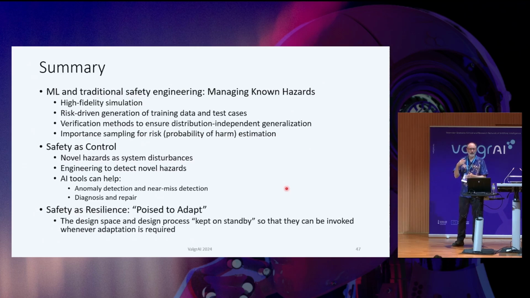But then I think we need to adopt these risk-driven generation of the training data and the test cases. And we need to develop some way of verifying the quality of our machine learned models. And I would like to see if we can get away from the statistical machine learning and get to something that's much more like a distribution independent guarantee on the quality of our machine learning systems.